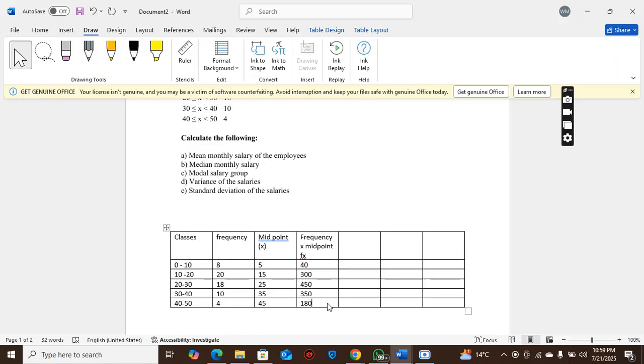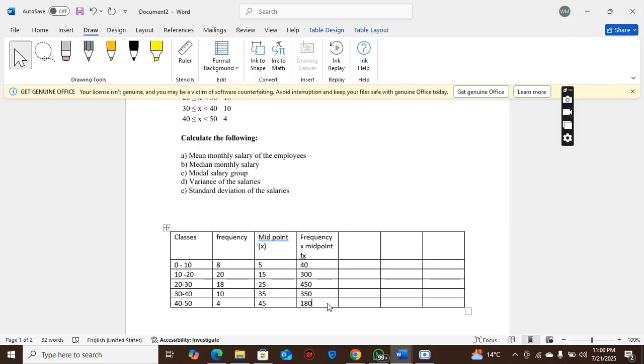Okay. Next column. Yes, midpoint squared.